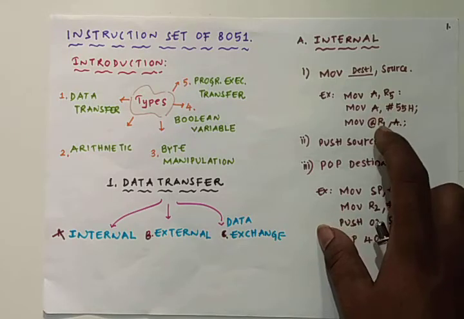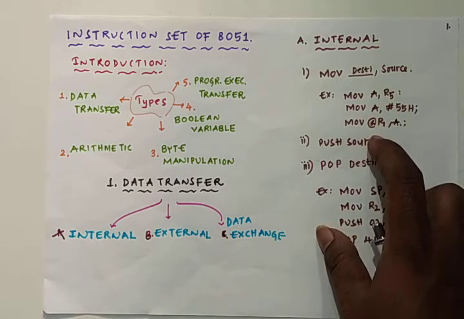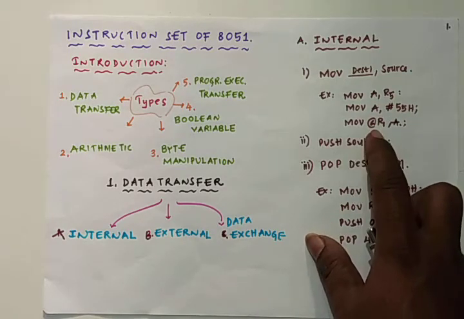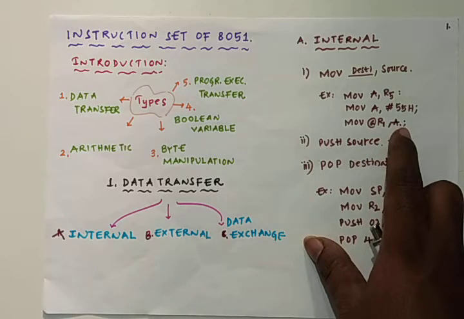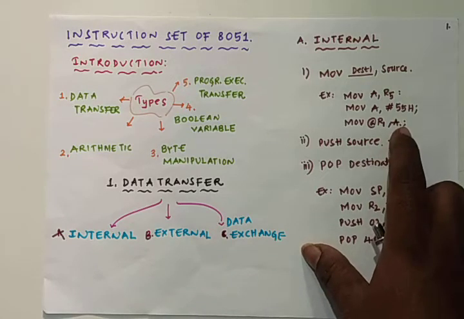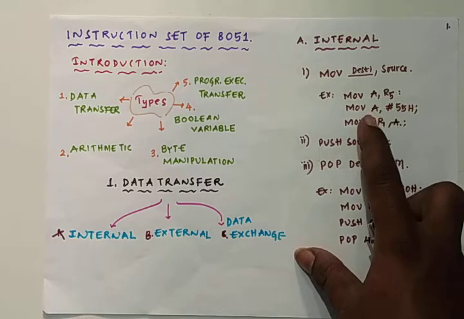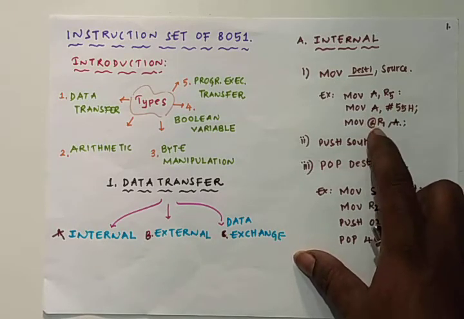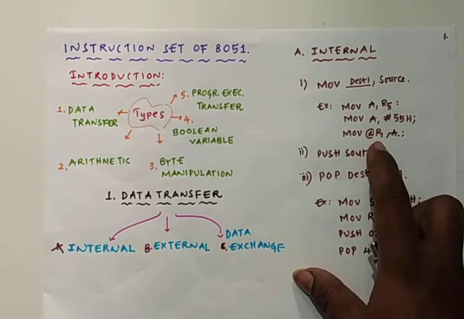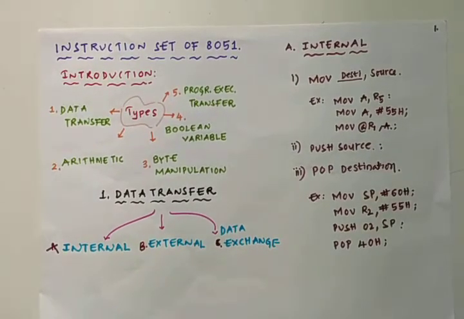The last one we can go with is MOV @R1, A. That means copy the accumulator to the internal RAM location whose address is specified in register R1.